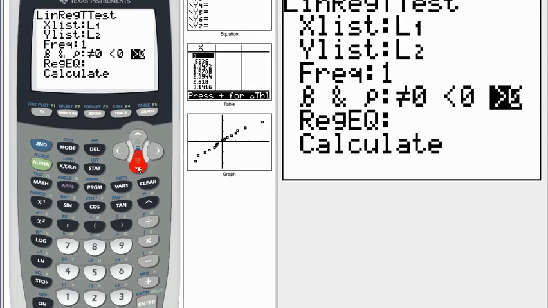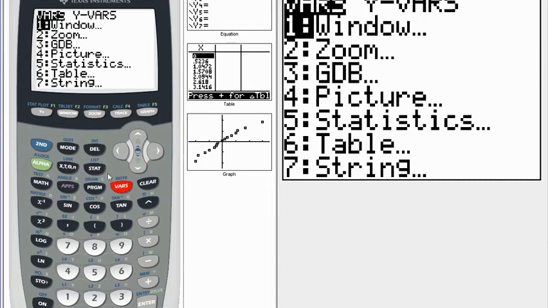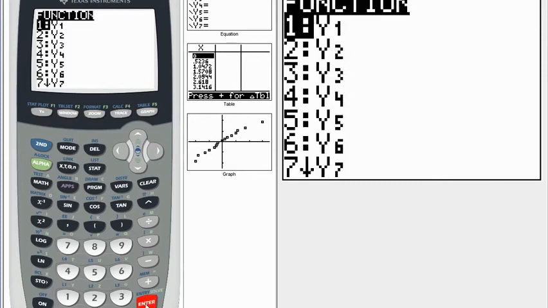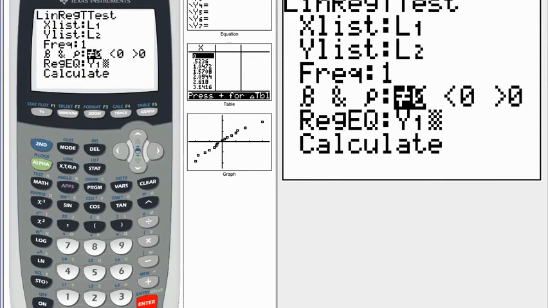If we are looking for beta being not equal to 0, do we want it to be less than, greater than? We can even store our linear regression equation, by hitting VARS, Y-VARS, function. I'm going to pick Y1. I'm going to store my linear regression equation in my calculator.